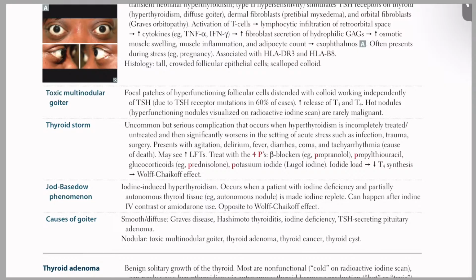Can happen after iodine IV contrast or amiodarone use. Opposite to Wolff-Chaikoff effect.